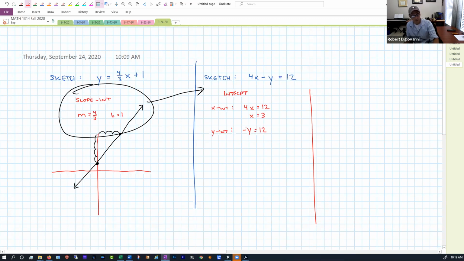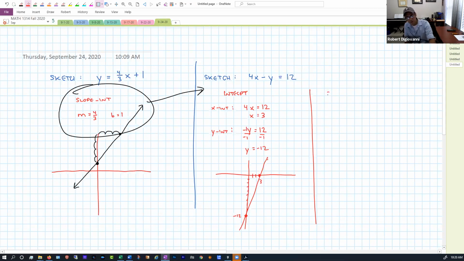I have to divide both sides by negative 1, and I get y equals negative 12. So I go to a graph. I go to the right 3. That's my x-intercept. I go down 12, put a dot and draw a line. Okay, that would be the intercept method.